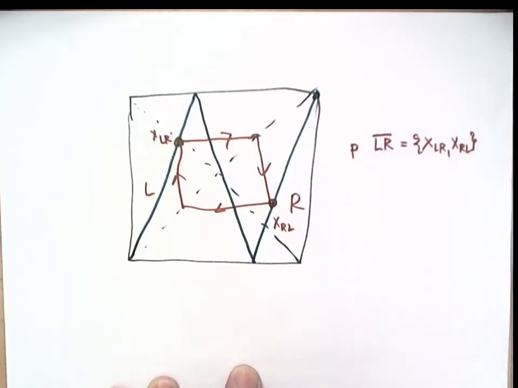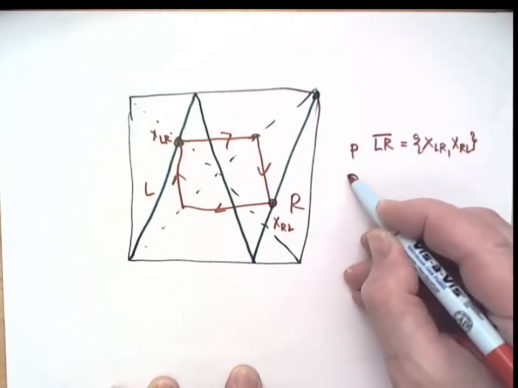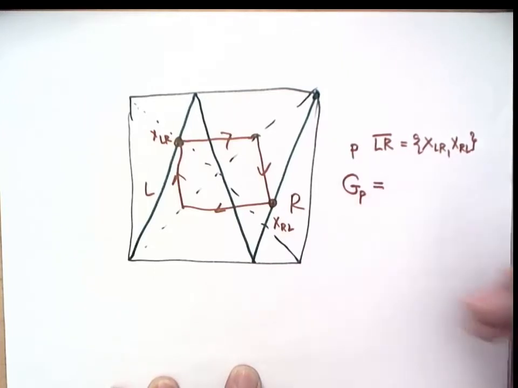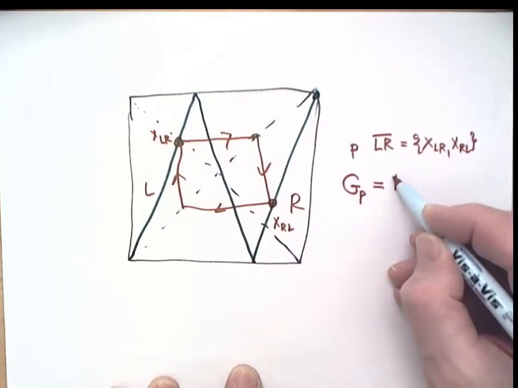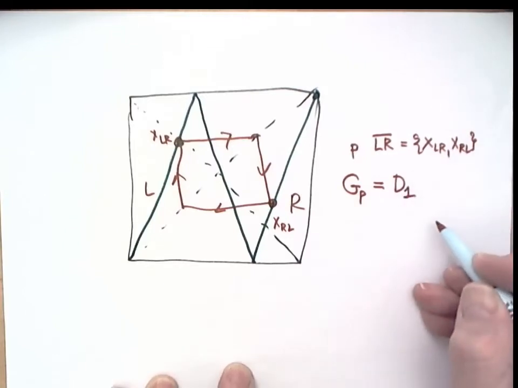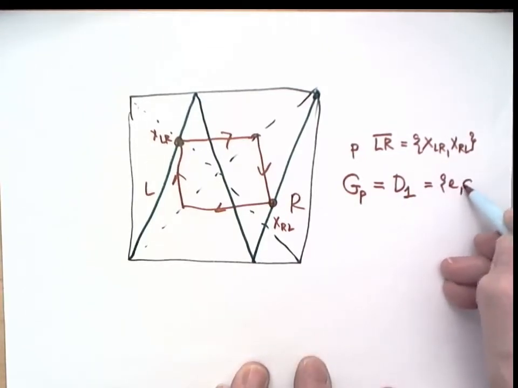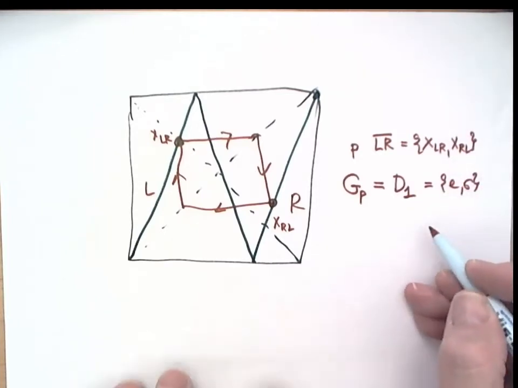And under the dynamics, they're closed. We put the overbar on the LR, meaning that this now repeats forever. The symmetry of this cycle is the full group. Identity and flip.